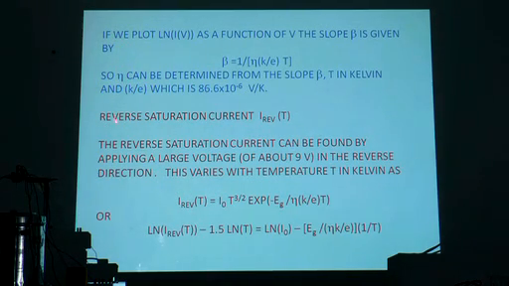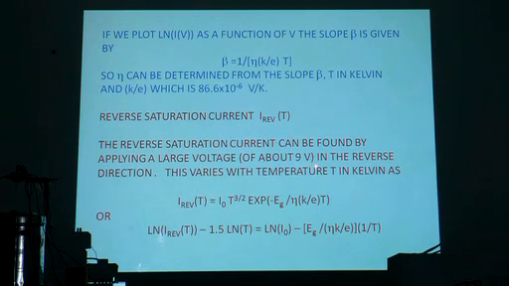Then, to find the band gap, we measure the reverse saturation current as a function of temperature. The reverse saturation current is found by applying a large voltage, 9 volts, in the reverse direction.